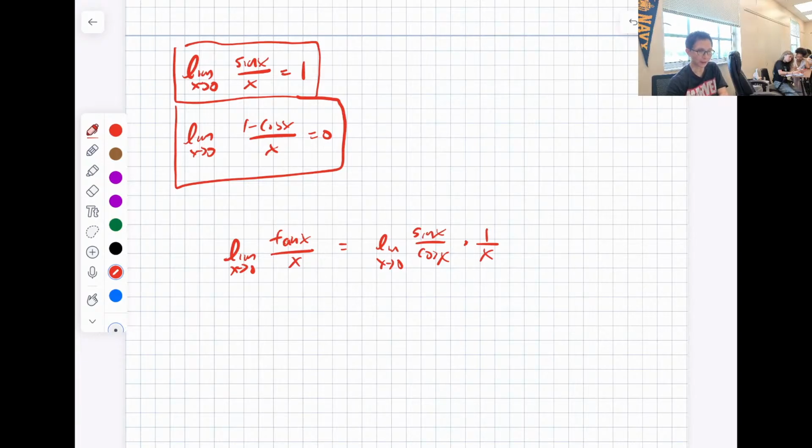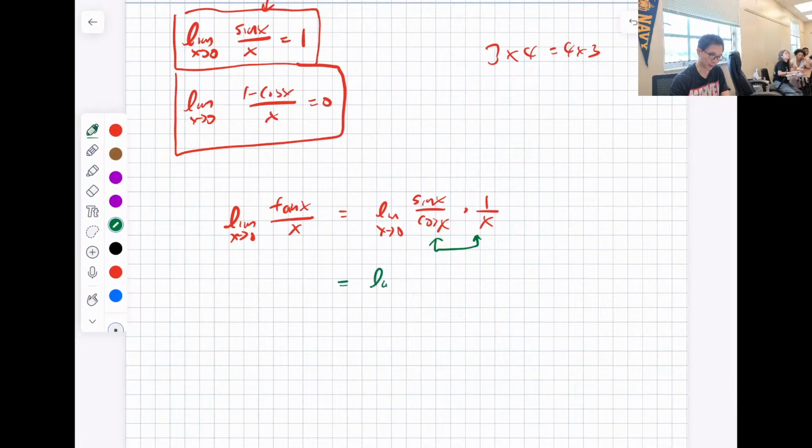Now, you know how 3 times 4 is equal to 4 times 3? You know that they can switch places. In order to make this happen, I can switch those two places, right? Because they are multiplying. Does that make sense? So that's going to be the limit as x approaches 0 of sine x over x times 1 over cosine of x. And then you say, oh, okay, that makes sense.